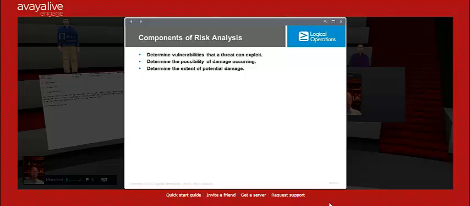So the risk analysis process, we've got our threat analysis, where we analyze which threats would benefit from exploiting which vulnerability.